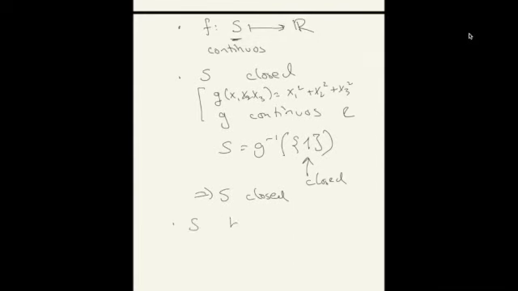S is also bounded because S is contained in the ball centered at 0 of radius 2. Why is this the case? Well, if x is in S, this means that x1 squared plus x2 squared plus x3 squared is equal to 1. This is the membership condition.